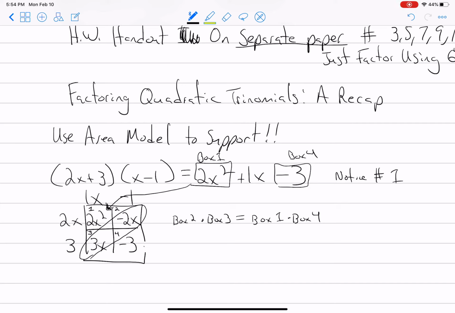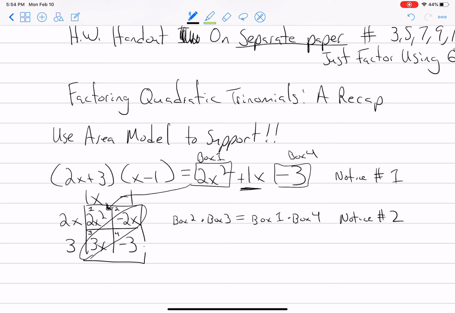Box 2 and box 3 are always the same as box 1 times box 4. This is always true. So this is our notice number 2. Box 2 and 3 is the same as box 1 and box 4 when you multiply them.